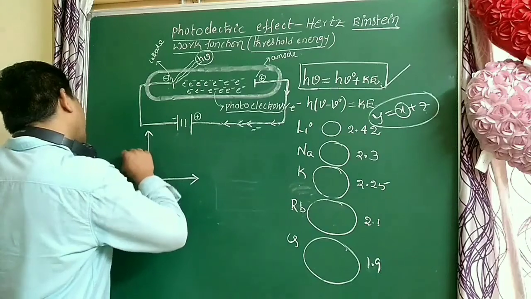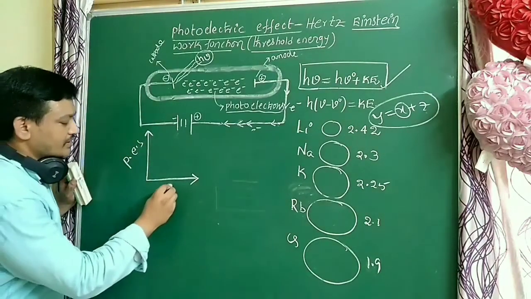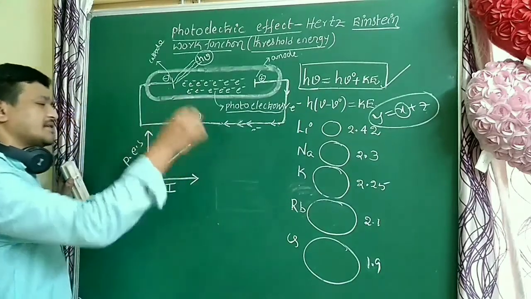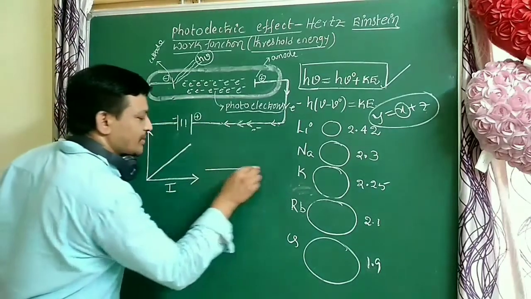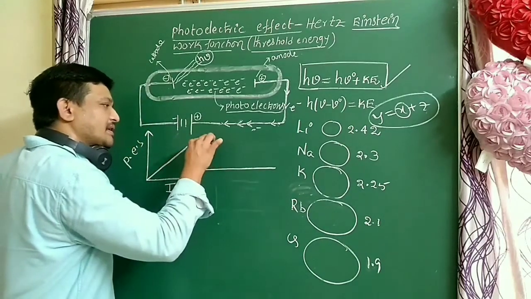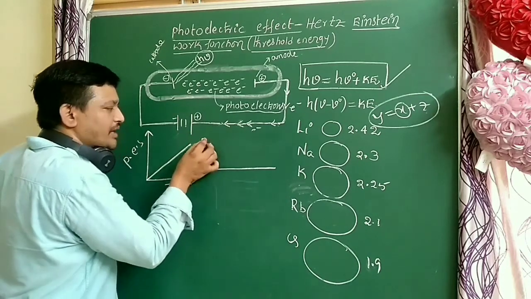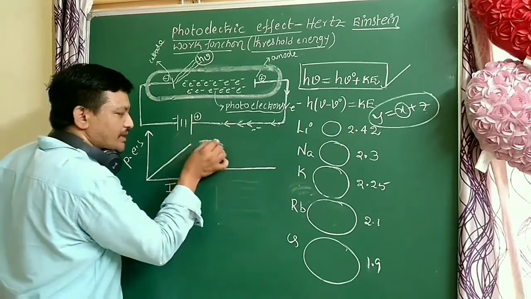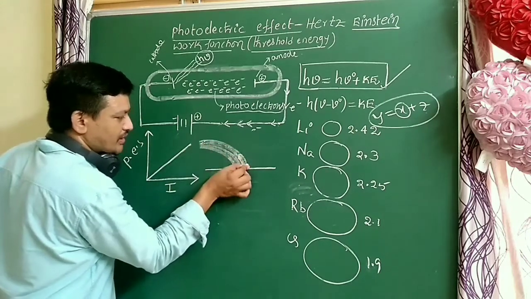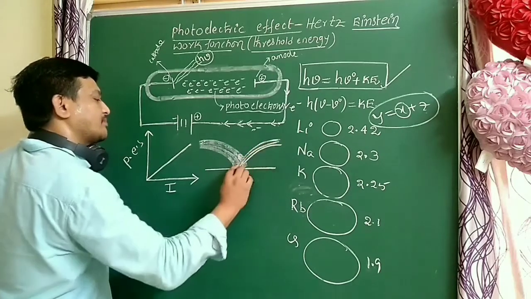The number of photoelectrons depends on intensity. Intensity increases, number of photoelectrons increases. Intensity is nothing but brightness. If there is more brightness, the light covers more area, so more electrons are ejected from the metal surface.